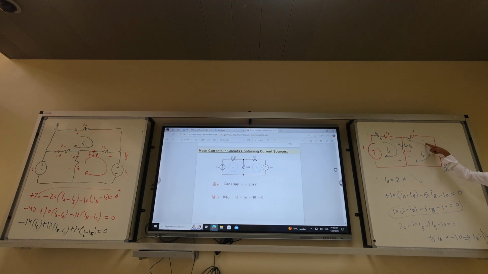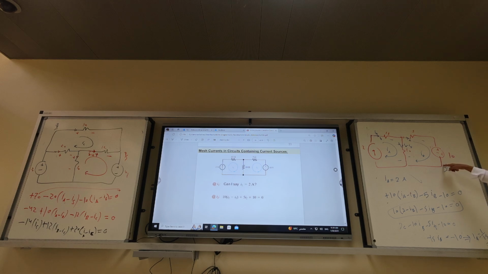Here, voltage rise, voltage drop. Drop 5 IB. Not drop 5, it's minus 5. Okay. Times minus 10. Get it? Khalid, you want to do it with Dr. Atiyah's method? That's okay. Or you prefer my method now? Now I prefer to do it after your explanation.